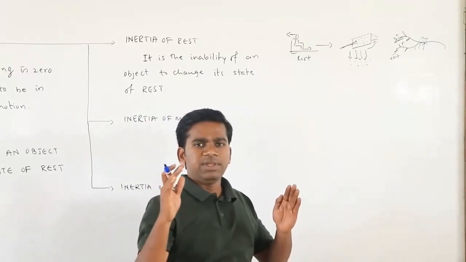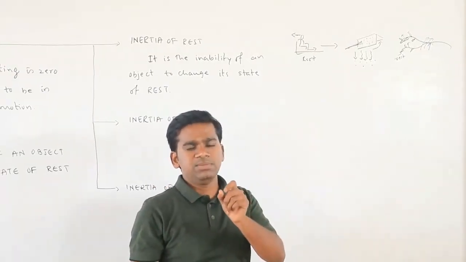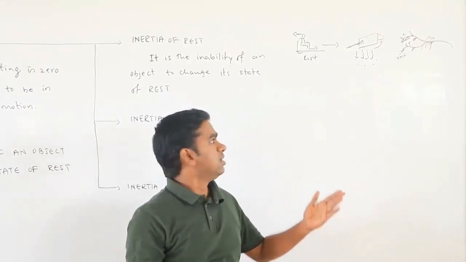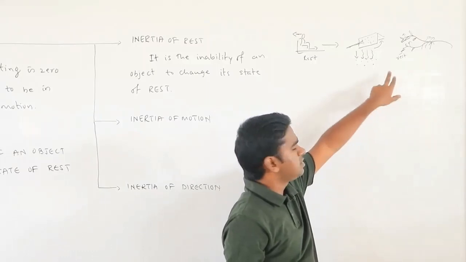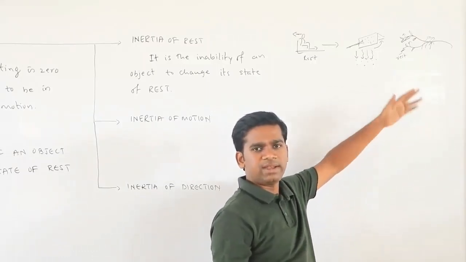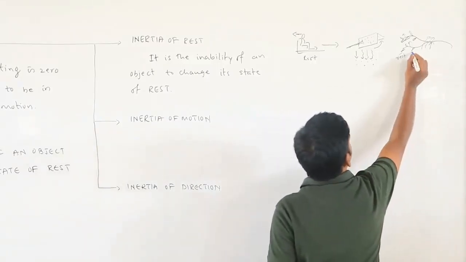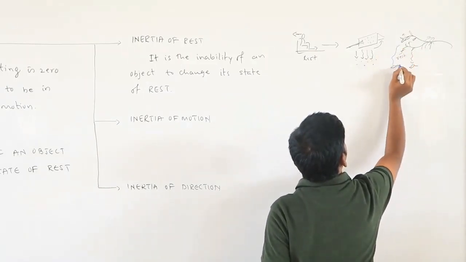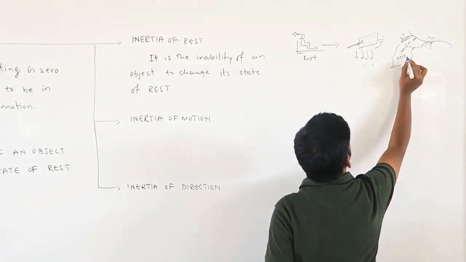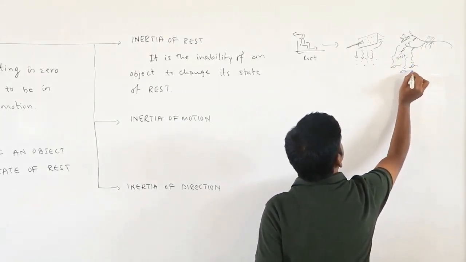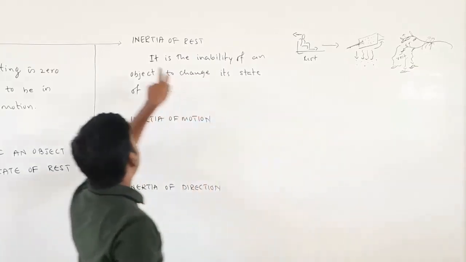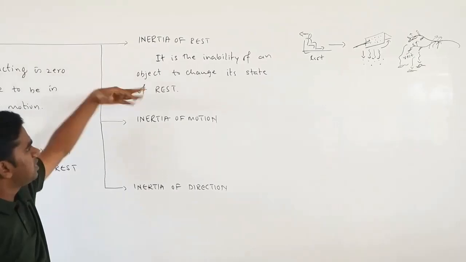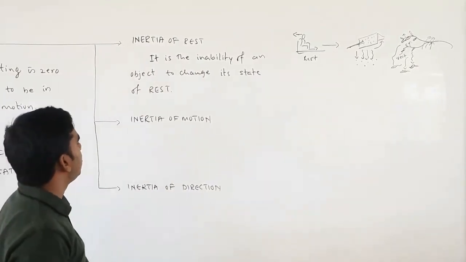When the branch moves, there is no support for them to stay there, so the leaves start falling down. Okay. So this is the natural example for the inertia of rest. It's the inability of an object to change its state of rest.